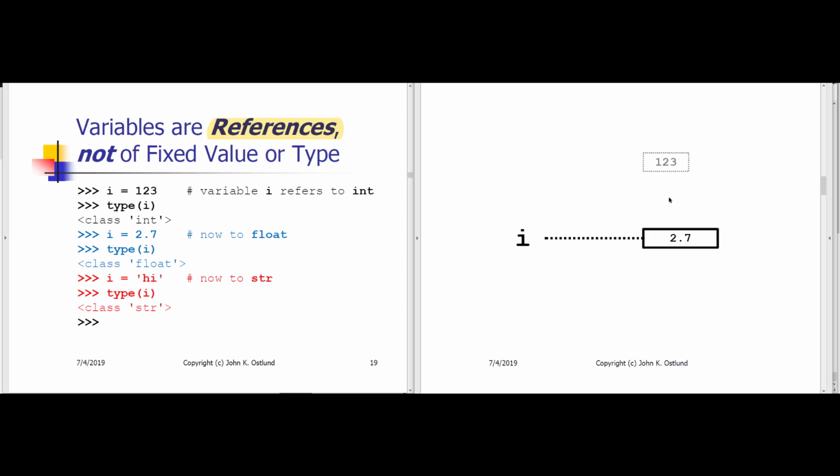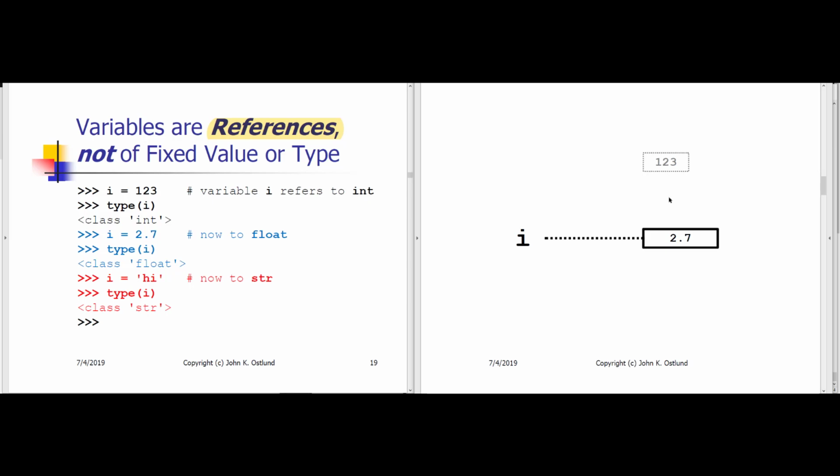In fact, assuming that there is no other variable existing referring to that 123, that int value 123 can now be reclaimed from memory by your Python shell, by your Python environment, so that that space could be reused for some other object.